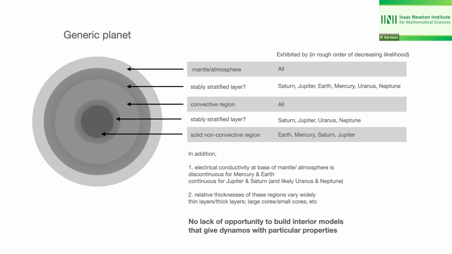All necessarily have a convective region if they're generating magnetic fields through dynamo action. A solid non-convective region, certainly for the Earth, likely for Mercury, fairly likely for Saturn, reasonably likely for Jupiter, although none of these things we can be absolutely certain about.